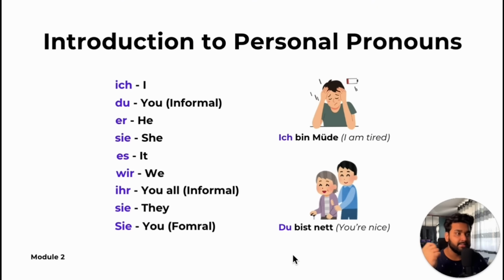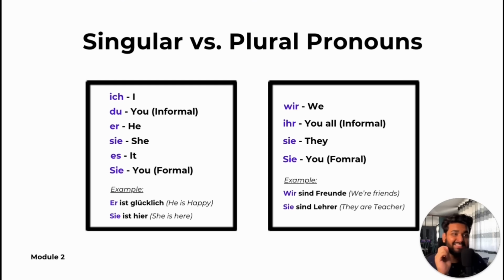So let's see the difference between singular versus plural pronouns. Singular pronouns are ich, du, er, sie, es, Sie. They are singular, like a single one. Ich, I; du, you; er, he; sie, she; es, it; and Sie, formally, you. Only one person.